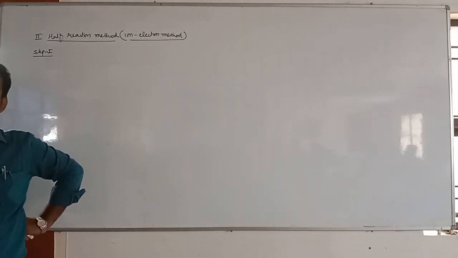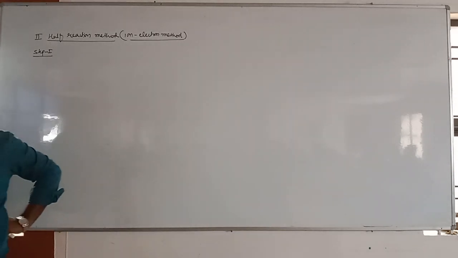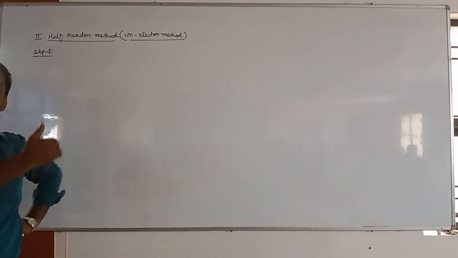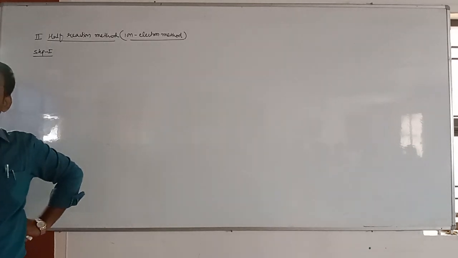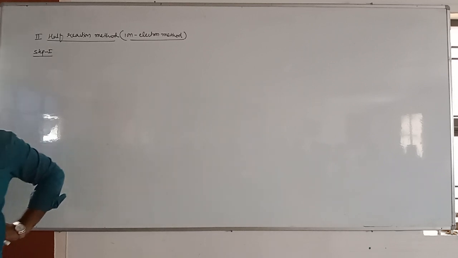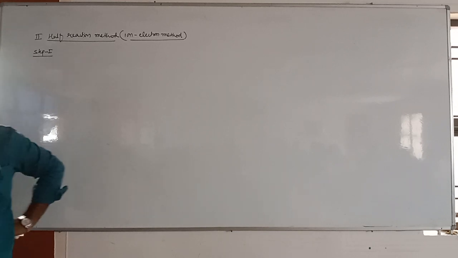Till here same. So one more step is extra here. In oxidation number method, once we balance oxygen and hydrogen, you will get the final equation. But here one more extra step is to balance the charge.